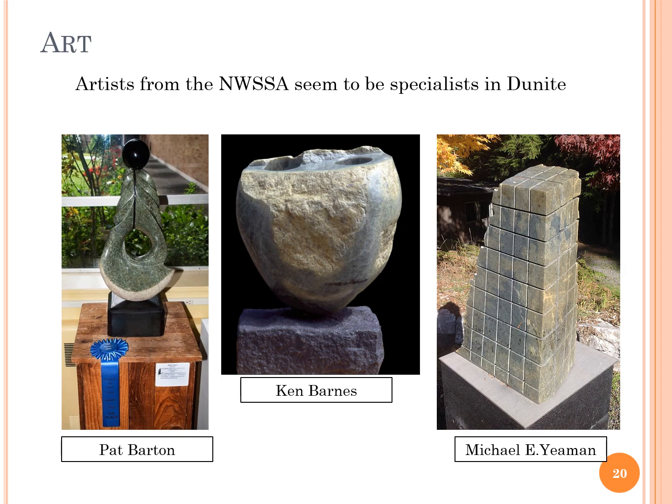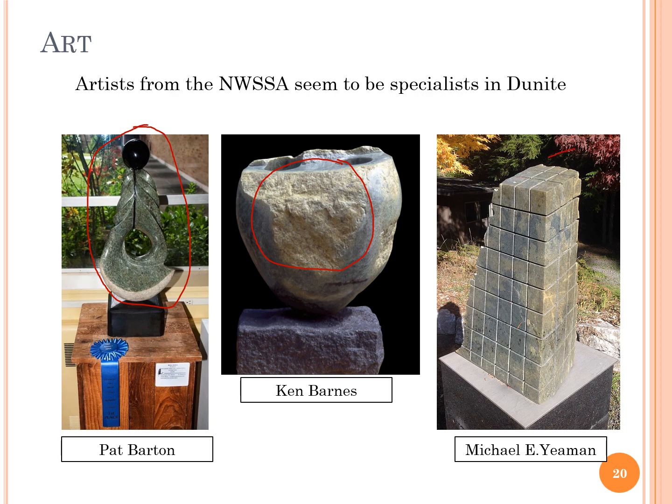You can see here, just in these three pieces, the remarkable variations in color and texture, where, for example, Ken might leave some of the rind on his to form a very distinct character, and Pat might give his Dunite a multicolored greenish organic element.